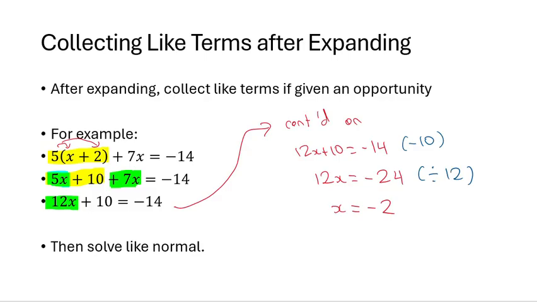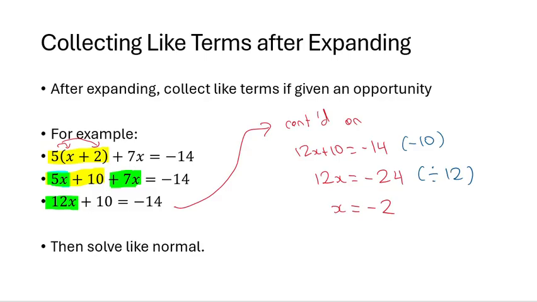Something else that you might do that's new is collecting like terms after you expand, okay? So if you have a look at the example, I'm expanding this 5 bracket x plus 2 here. That turns out to be 5x plus 10. And then as you can see highlighted in green are like terms that I can collect. So the 5x and the 7x.